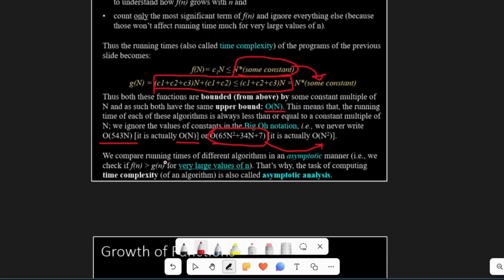We compare the runtime of different algorithms in an asymptotic manner. For example, we check if function f(n) is greater than function g(n) for very large values of n. That's why the task of computing time complexity of an algorithm is also called asymptotic analysis.